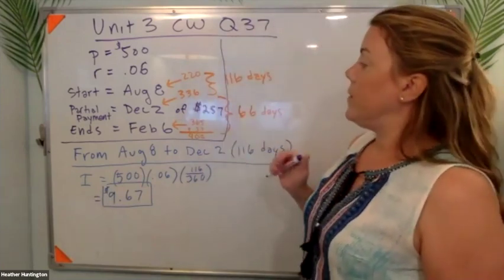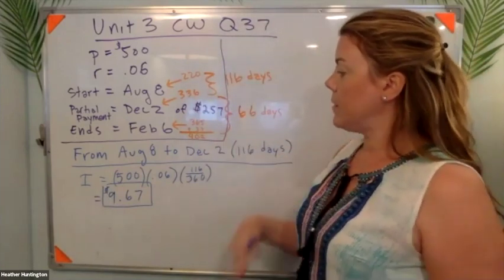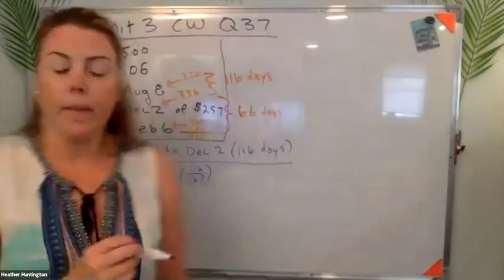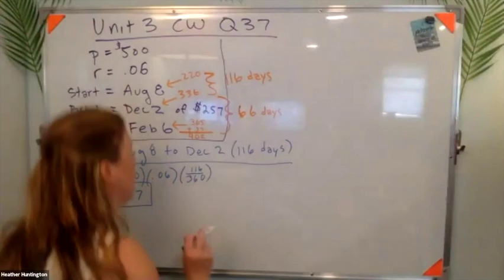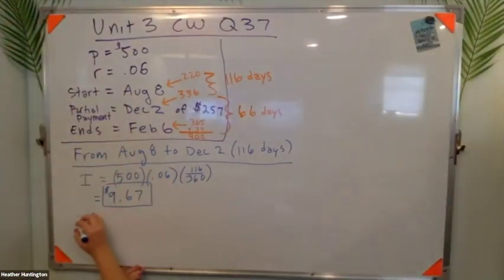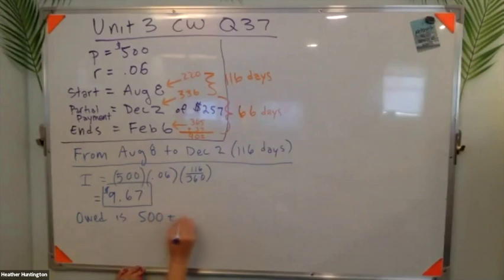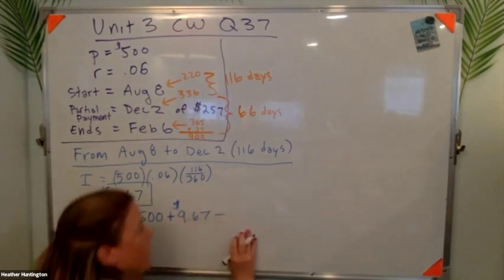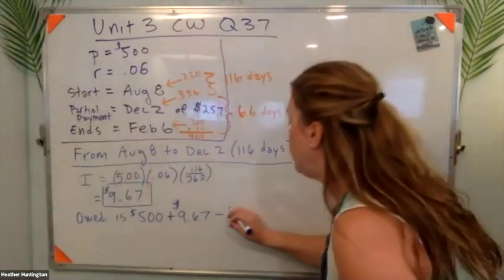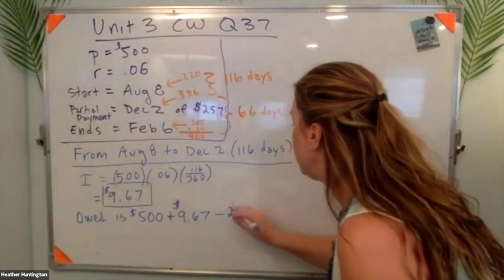So that payment of $257 has to go towards that interest first. And so one way to do that is to say the balance owed is $500 plus $9.67. But now we can subtract out the $257 payment.